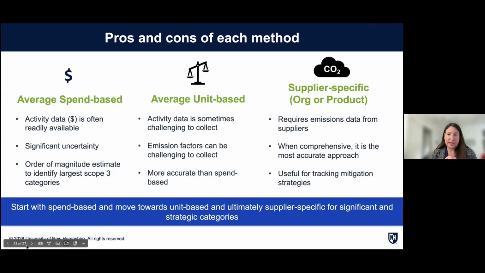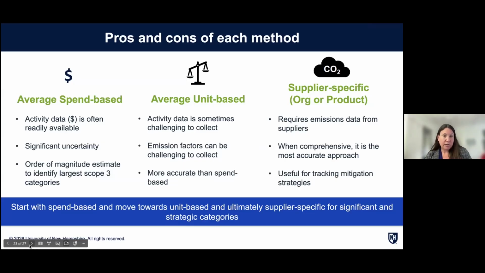So the unit-based tends to be a little bit more exact and useful, but harder to get all the data you need. And still an average. And so then you're moving to those supplier specific methods, which have the benefit of being the most accurate and granular and allow you to track progress over time, but also just much more resource and time intensive and not as readily available in different tools.